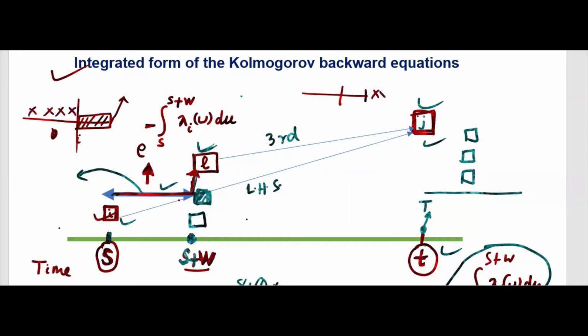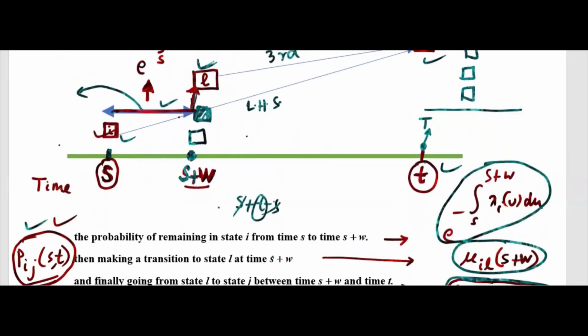This is J. I already came to J here. Suppose from some other time I came to J, I will continue here only after this. I will continue in J. Here the continuation was in I, and I will make a transition. That's why the name is residual. Residual means the remaining. What is the remaining time? That means I have to make a transition. That's where the name is changed, but the concept is the same.